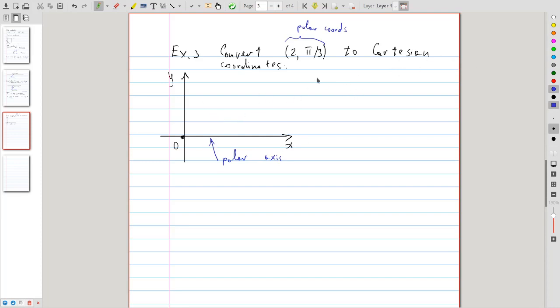So we know that to find the point with coordinates 2, pi over 3, we want to draw the rotation of this polar axis counterclockwise by the angle pi over 3. So this would be the rotation.